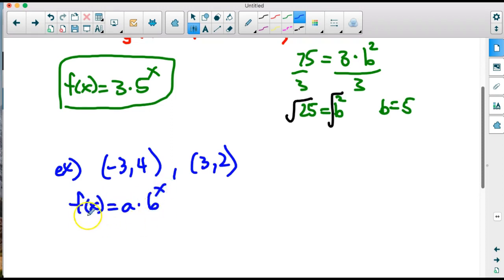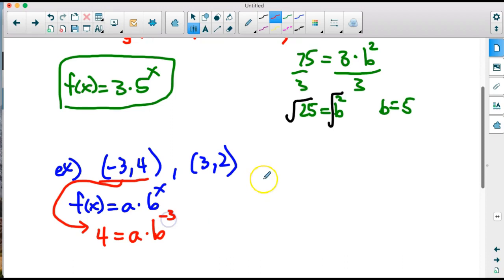We're going to plug in f of x and x for each one of these points. On the first point, our equation is going to be 4 equals a times b to the negative 3 power.